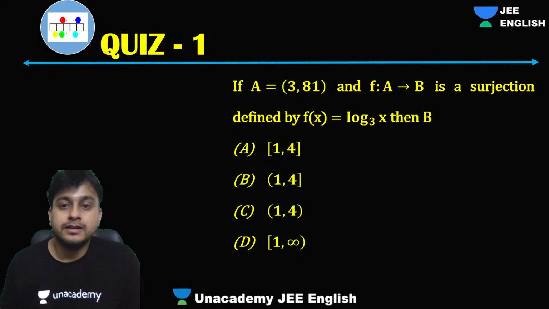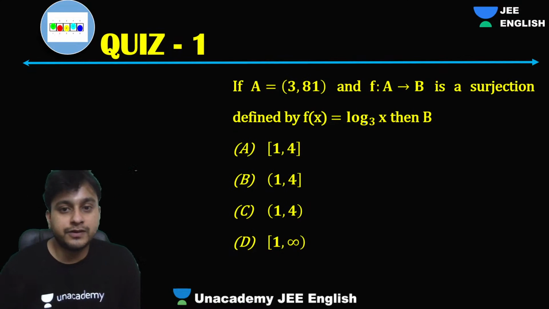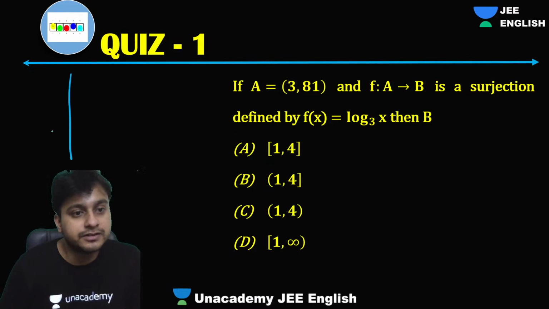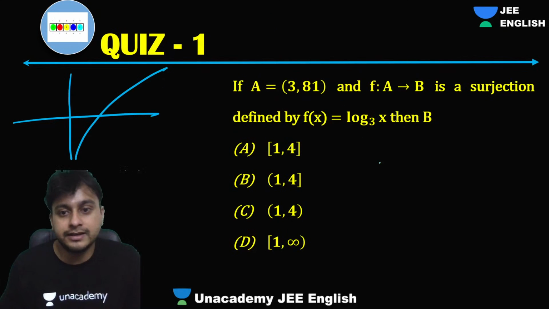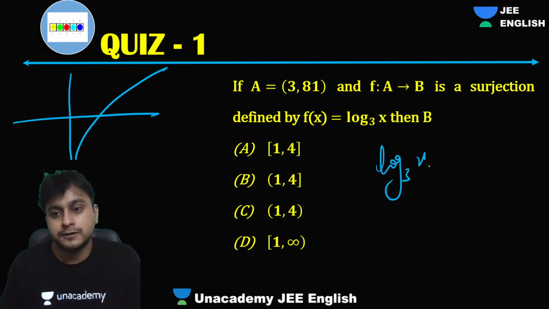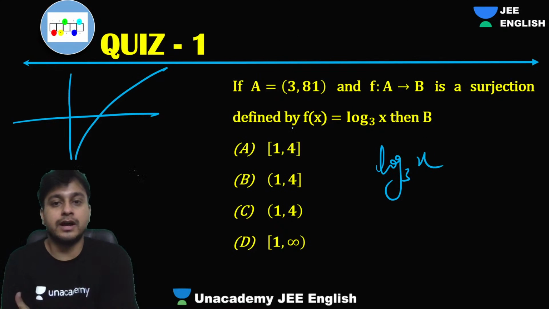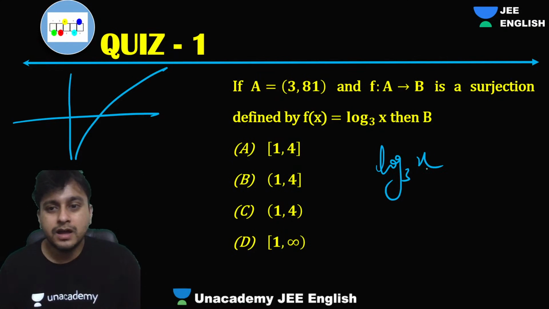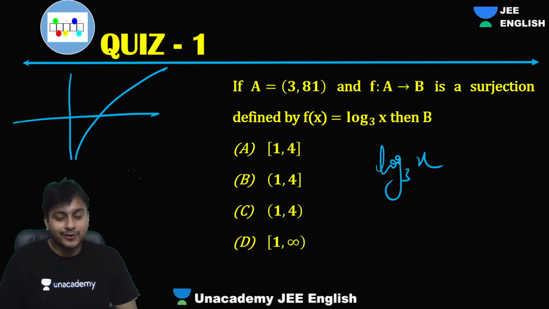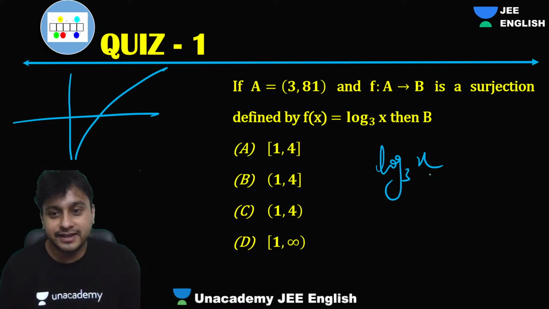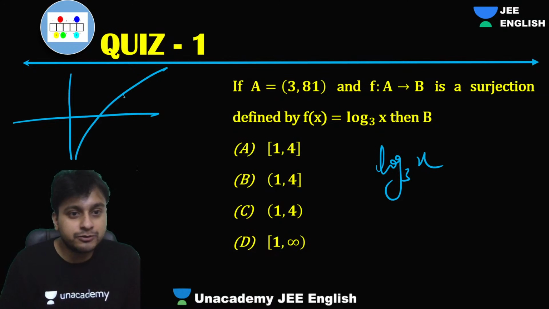So guys, see here, what will be the range of this function? Log base 3 of x is an increasing function, right? So look at it carefully. The minimum value is at x equals 3 and the maximum is at x equals 81.